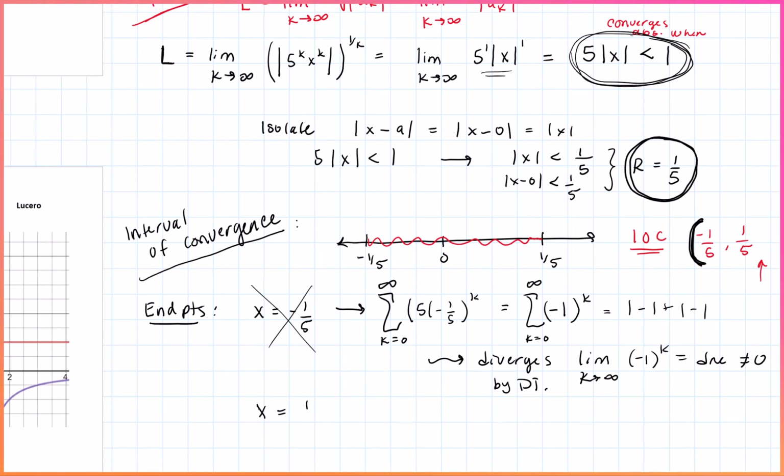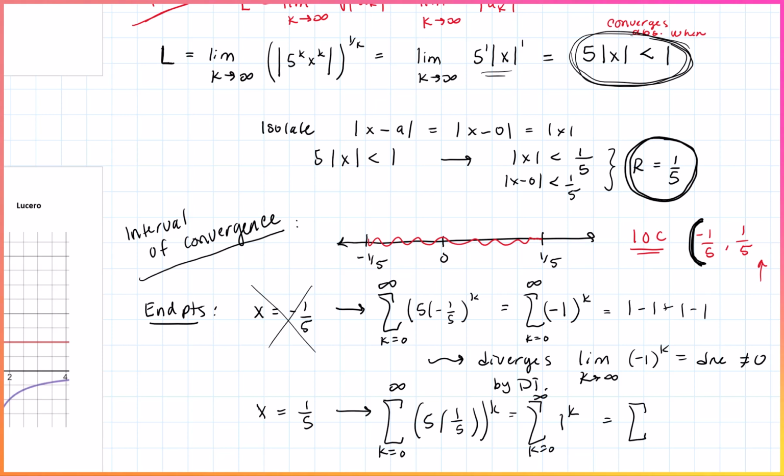So let's test x equals 1/5. When we plug that in, from k equals 0 to infinity, I get 5 times 1/5, all to the k power. That just becomes 1 to the k, as k equals 0 to infinity. Of course, that's just the sum of 1. So it's 1 plus 1 plus 1 from k equals 0 to infinity.